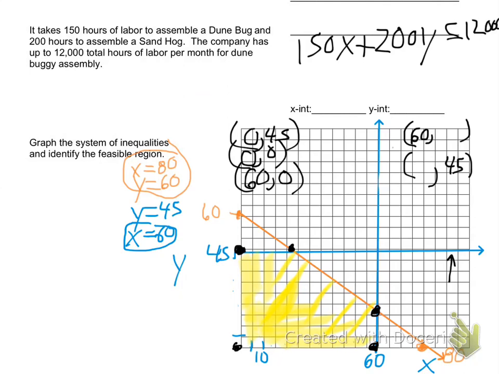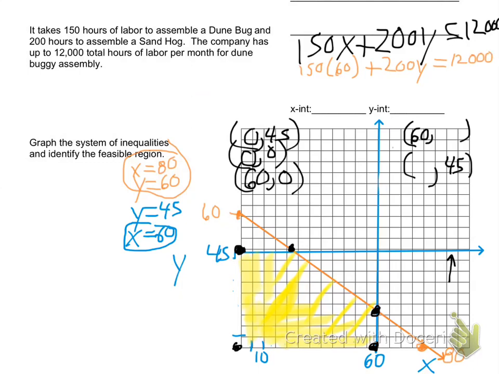Alright, so from here we can plug in 60 for our x value. Let's do that in orange here. So we have 150 times 60 plus 200y is equal to 12,000.